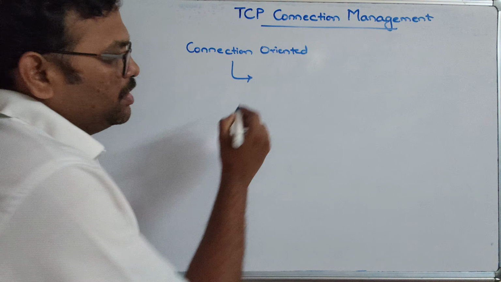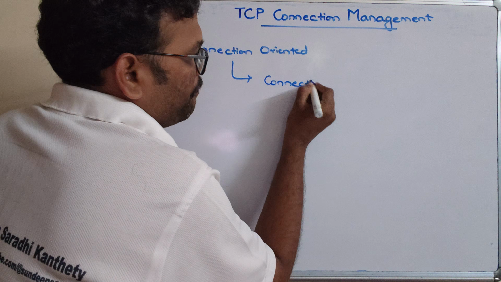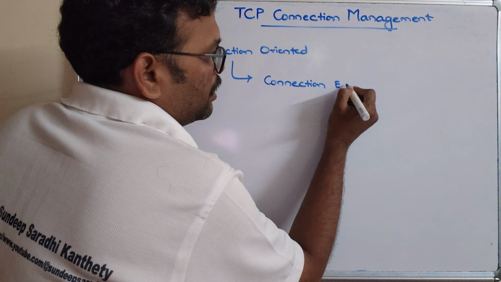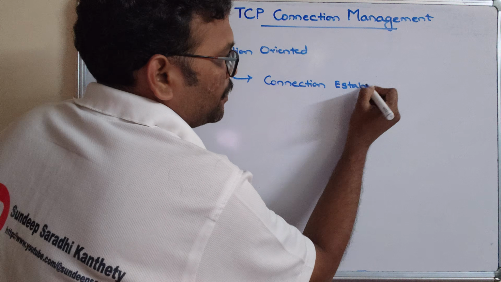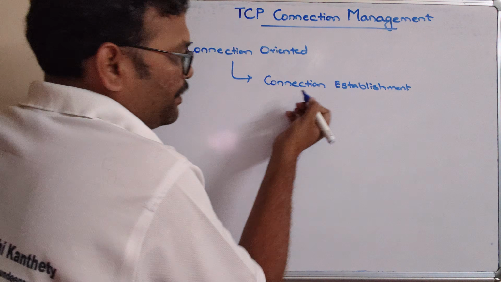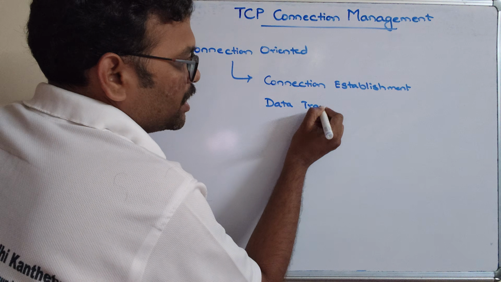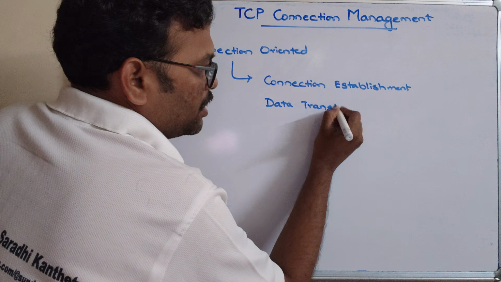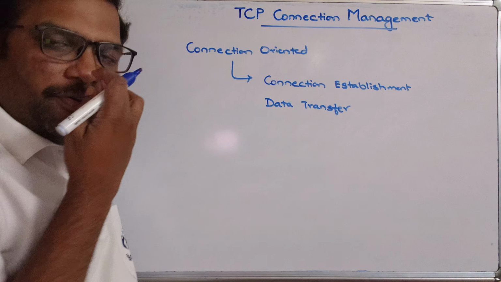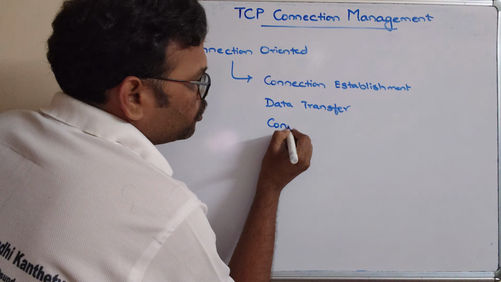The first one is connection establishment, and the second phase is data transfer. Once the connection is established, the data will be transferred between the two devices, and afterwards connection release is also very important.